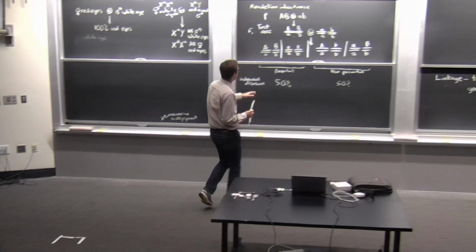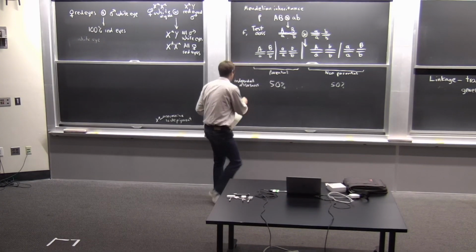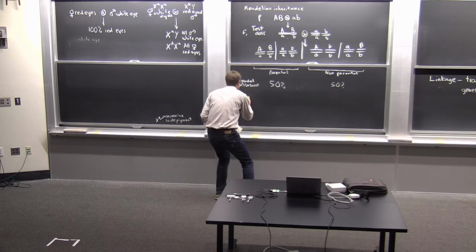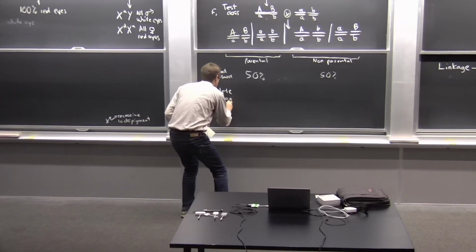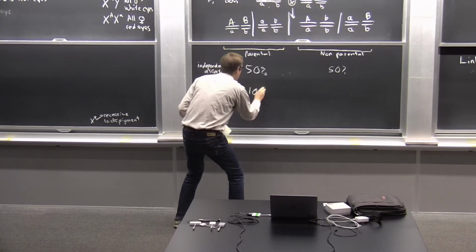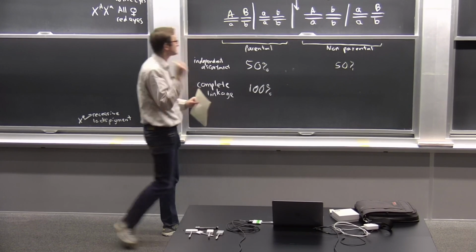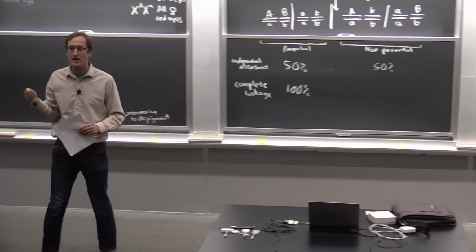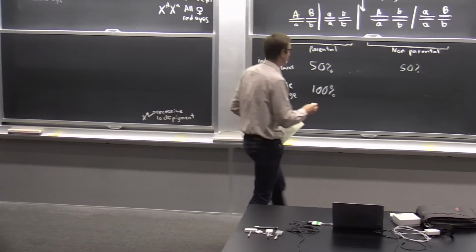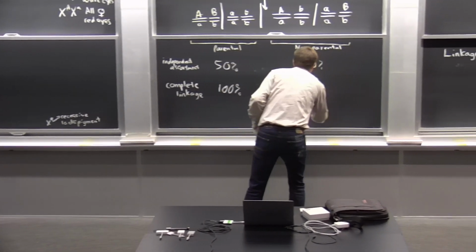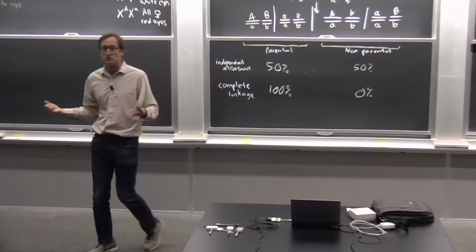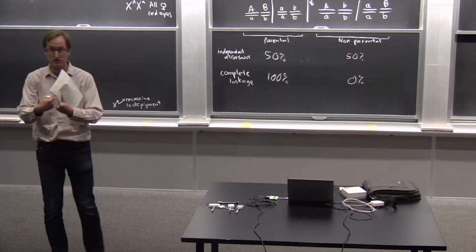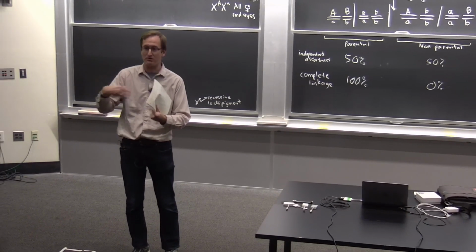So if there's linkage, let's consider the case where you have complete linkage. If you have complete linkage, 100% of the gametes are going to be parentals, and you're going to have 0% non-parental. Okay, that's if the genes are really, really close to each other, and maybe you don't count so many progeny.